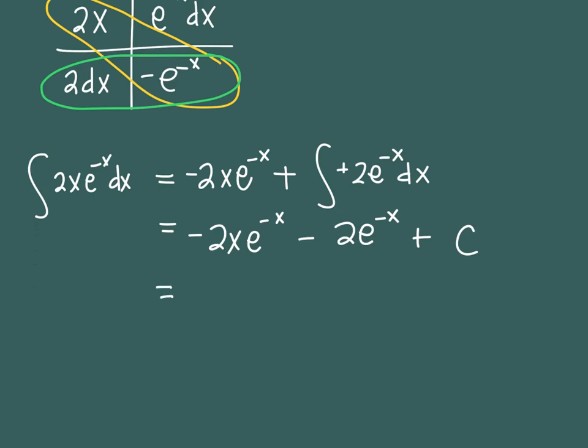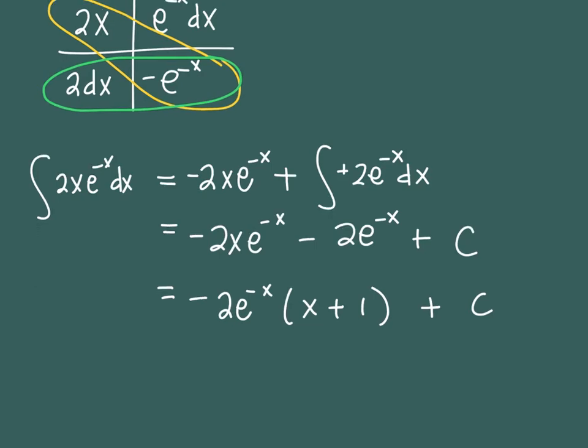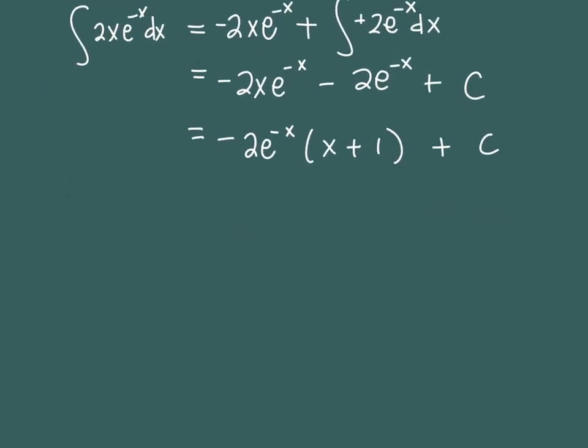So you will often see, if there's a common factor, you pull out all the common terms and write it as x plus 1, and then put the c on the end. When we get to the part where you set it equal to 0 and solve, it's a lot easier if you've written it in factored form. Okay, how are you doing so far? All right, let's try another one.